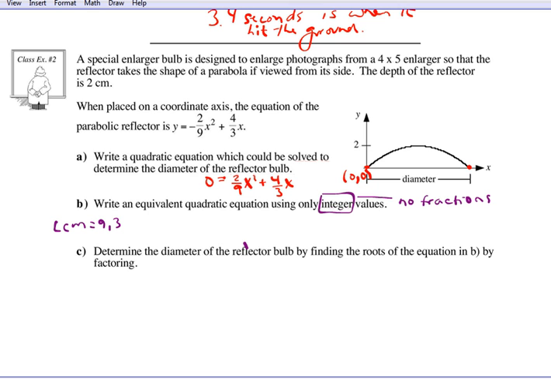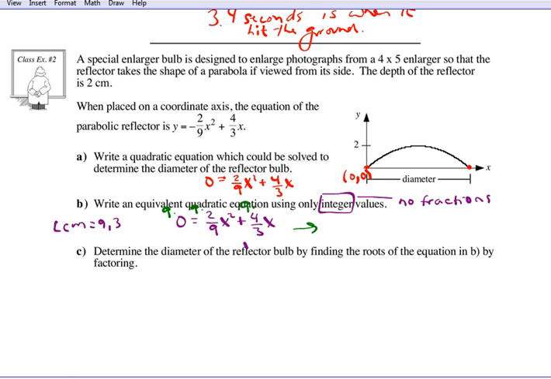So let's multiply everything by 9. So we have our equation 0 equals 2 over 9x squared plus 4 over 3x. We're going to multiply everything by 9. So I'm going to multiply this guy by 9, this guy by 9, and this guy by 9 to make our new equation.